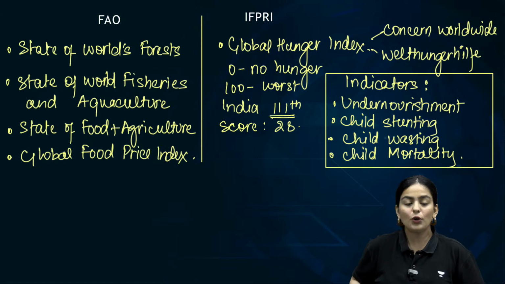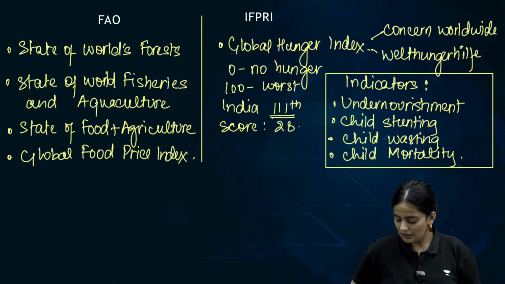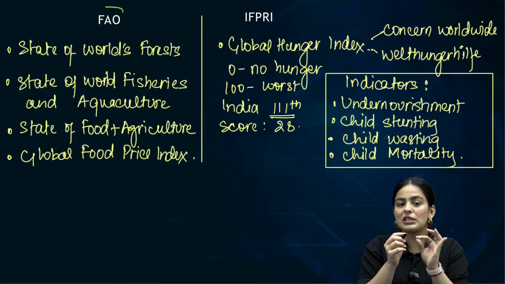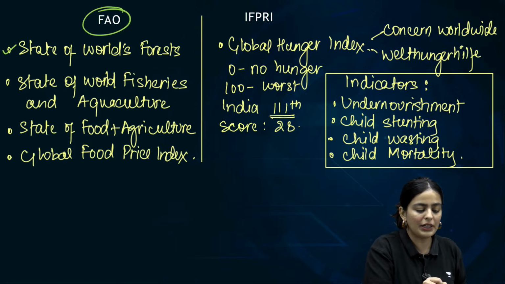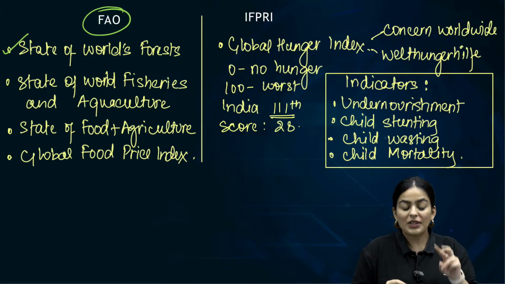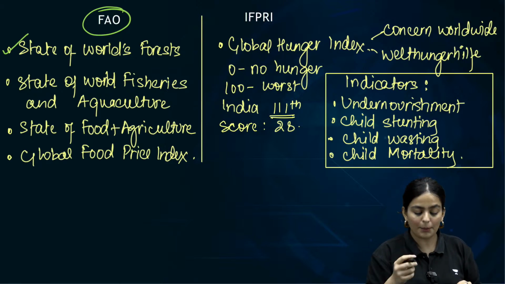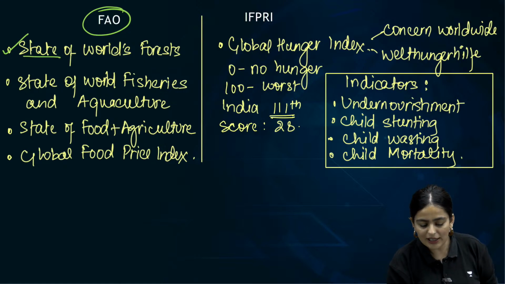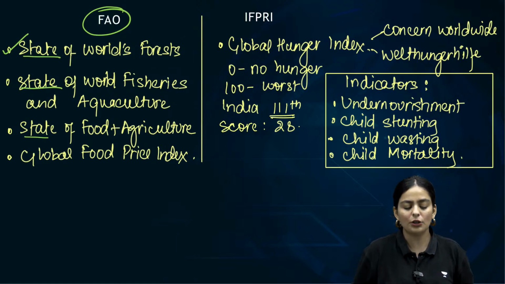Now look at a few FAO reports. The State of the World's Forests report is the first report that you need to know for FAO. The second report is state. Please remember, all are State of. So all are easy to remember.